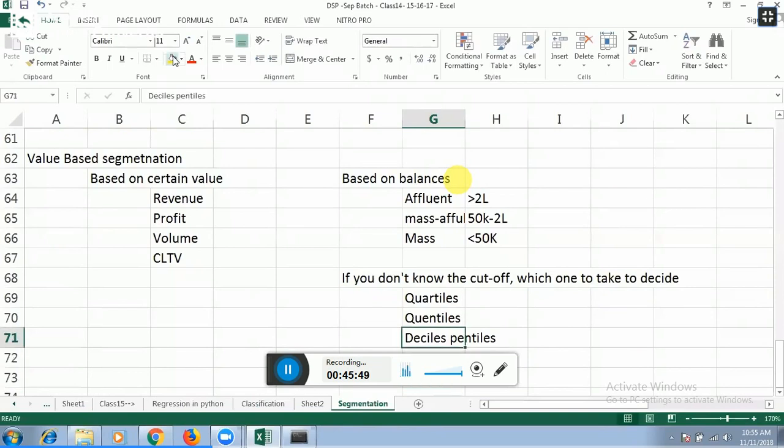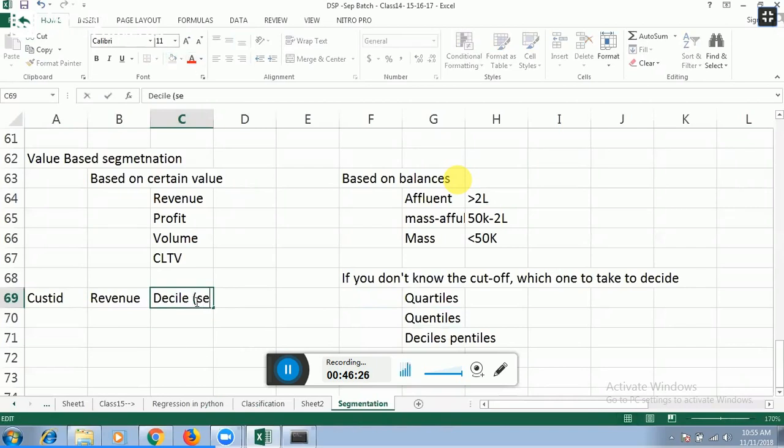If I take 10 groups, what does that mean? Deciles mean 10 groups, and each group is one segment. Or if you take quartiles, you have 4 groups. So typically you have a customer ID, for example the revenue generated by each customer, and I can come up with a decile, and each decile we call a segment.